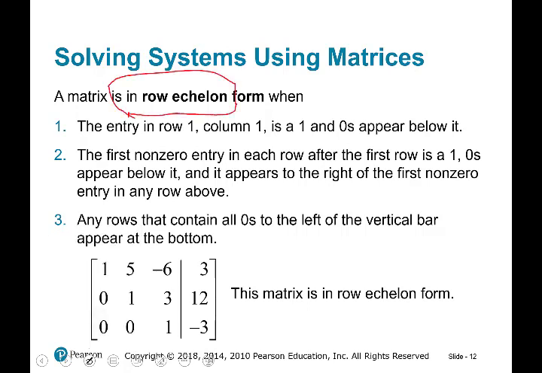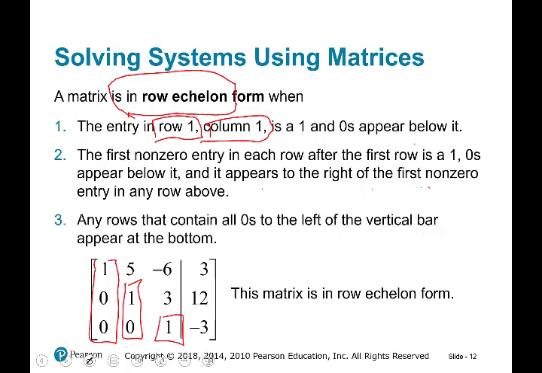Okay, it says row echelon form is when the entry in row 1, column 1 is a 1 and zeros appear below it. Basically this. Okay, it says the first non-zero entry in each row after the first row is a 1 and zeros appear below it, and it appears to the right of the first non-zero. So basically what they're saying is that after that we want to have 1s and zeros below.